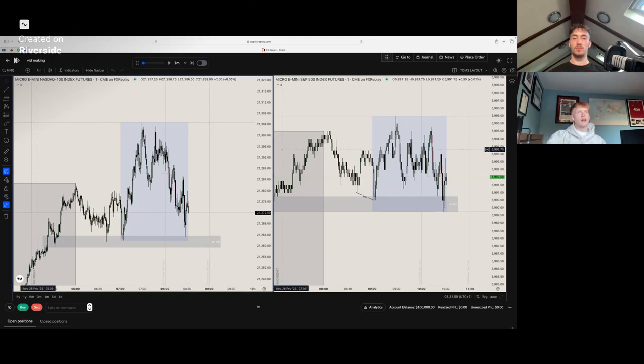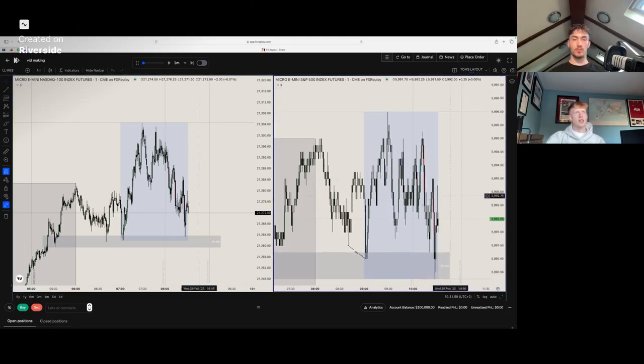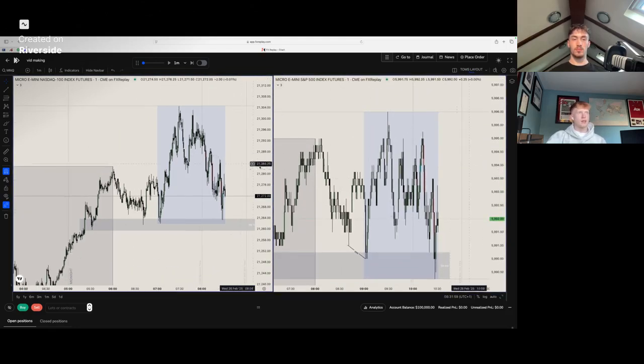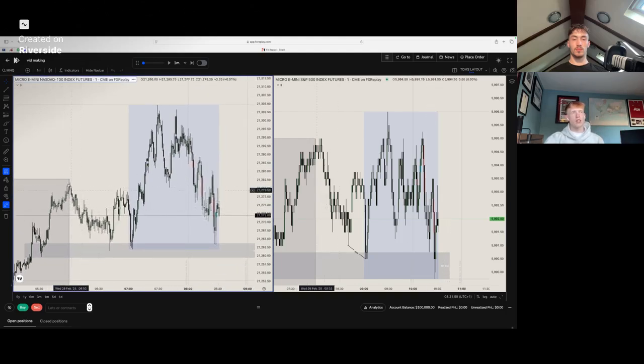I will expand this chart for you a little bit here, but you can very easily see that the NASDAQ is a lot more expansive than the S&P. For example, this is the range down here where we're seeing the NASDAQ, but see how much higher it expands. When the S&P does not expand as much higher, we can expect the S&P to be the one sweeping the low.